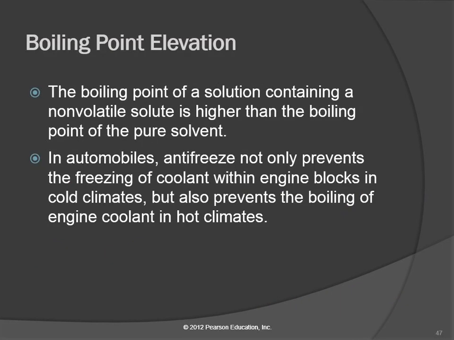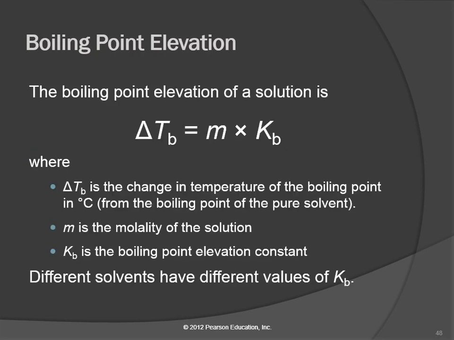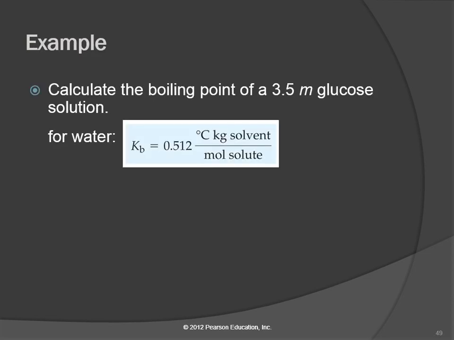The boiling point goes up. Kind of already talked about those things. Same equation, different subscripts. The change in the boiling point is the molality times the boiling point elevation constant. Again, different solvents have different values of Kb. For water, that value is 0.512.